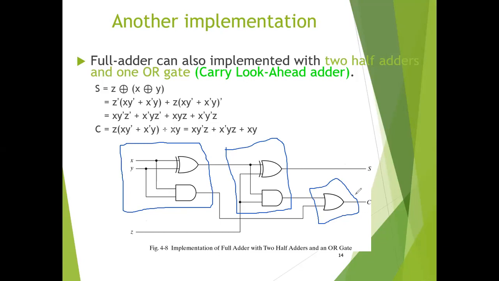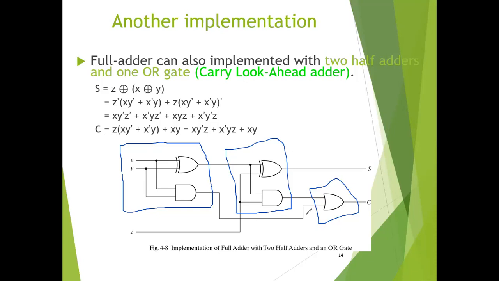We can see here the sum bit S is equal to Z exclusive-OR with X exclusive-OR Y, and the carry bit is obtained by using the exclusive functions of X and Y.